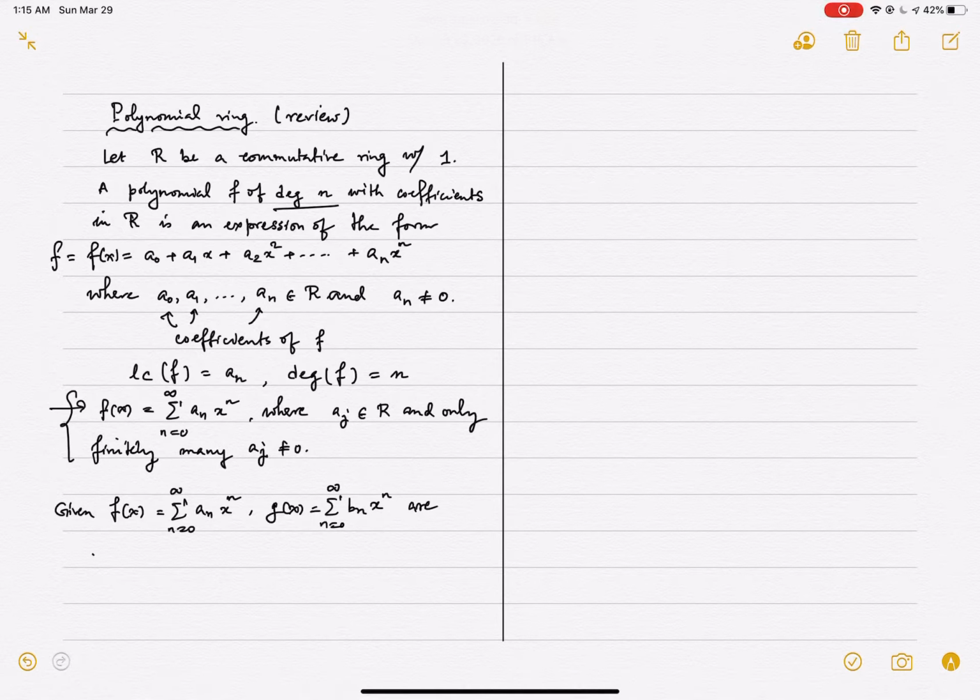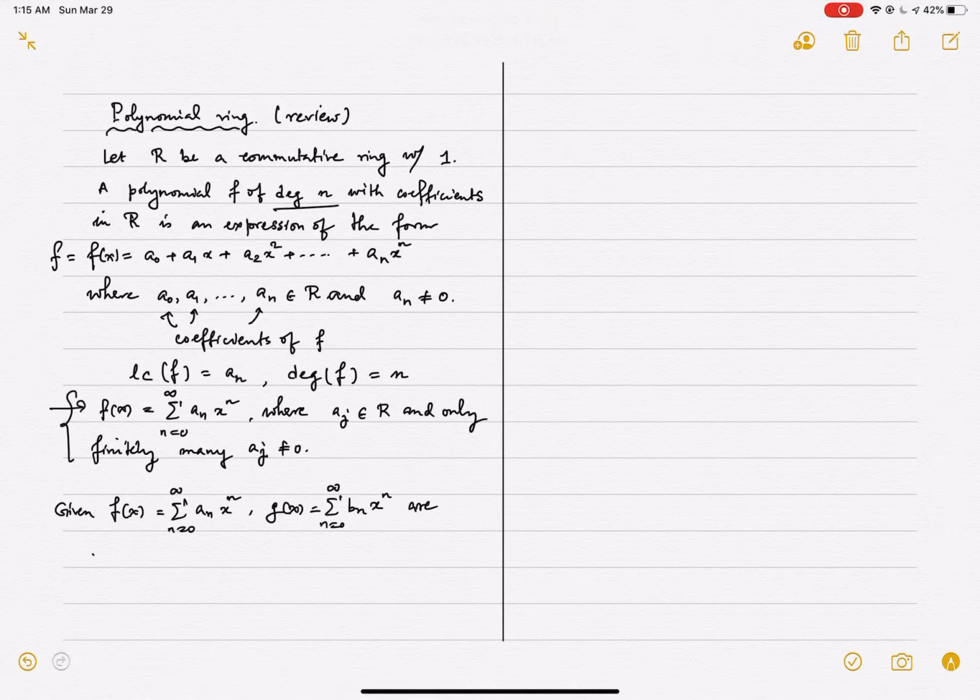If you give me two such things, f(x) plus g(x) would be, if this is f and this is g, then f plus g is just the sum of (an plus bn) x to the n.